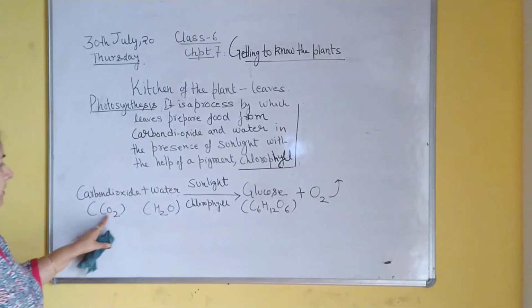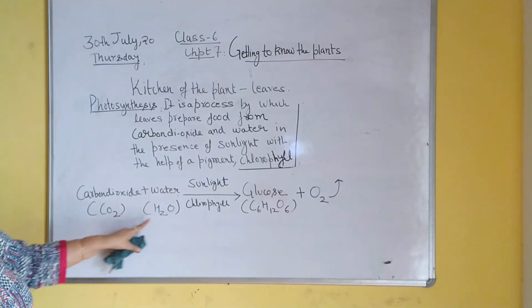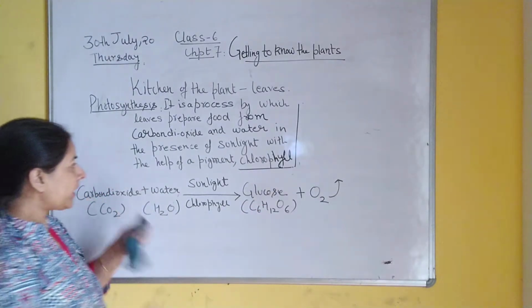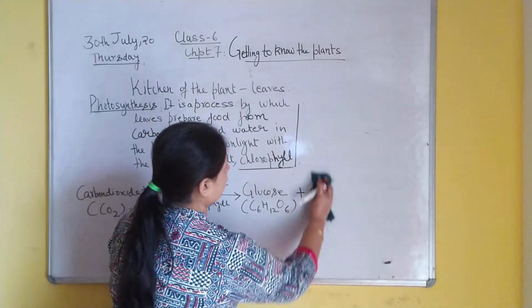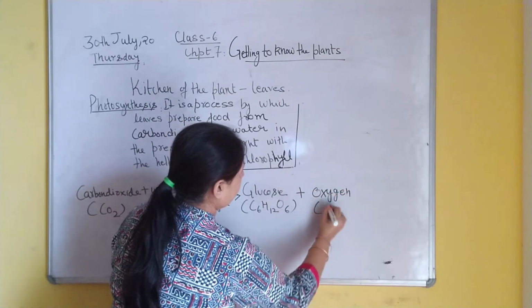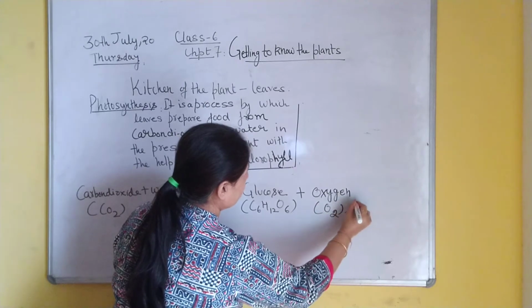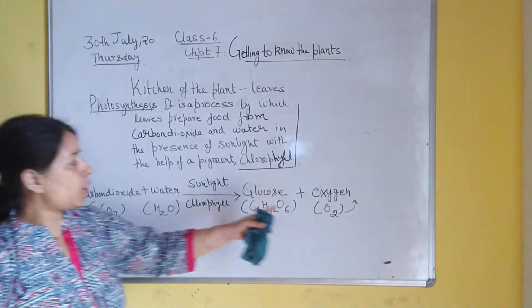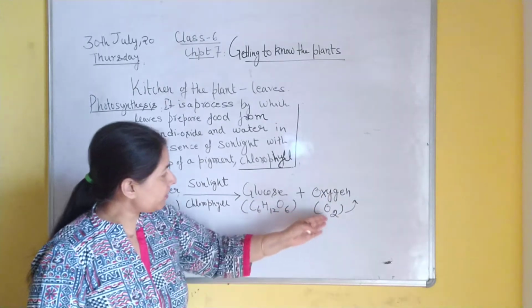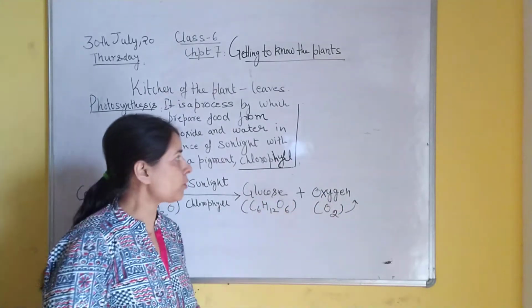Now the carbon dioxide and water molecules combine and form C6H12O6, which is glucose, giving out oxygen, or we will write it as O2. Oxygen is written as O2 because it is going up.